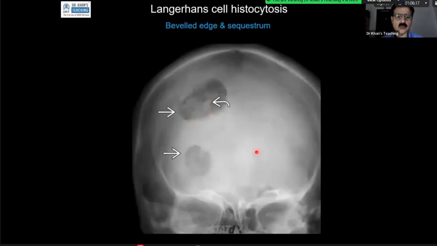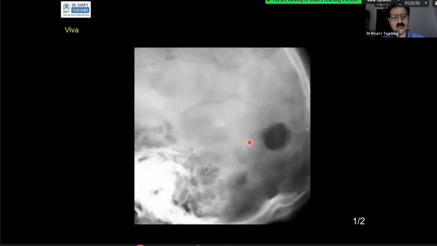Because of these two things, the grilling will be: you will say it is osteomyelitis, chronic osteomyelitis, fine. But out of these two, what is most likely? Most likely, because of these two factors, it is Langerhans cell histiocytosis, and you might get an 8 out of 8 in that film. So this is the fine touch of it.